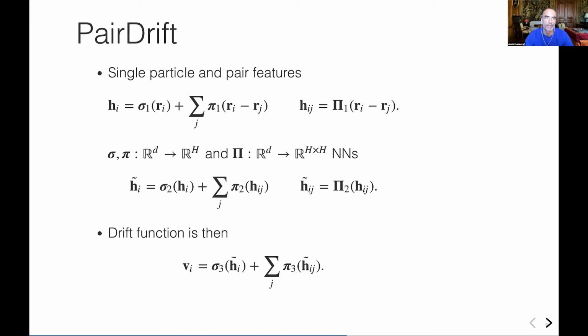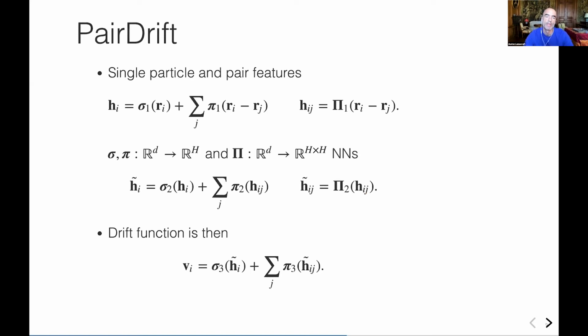The idea is that we take our positions and our pairwise separations of the particles, and we use those to build some features H sub i in terms of some neural network sigma and little pi, and also some pairwise features H sub ij in terms of another network, big pi. And then we can just repeat that process, stacking these things together.